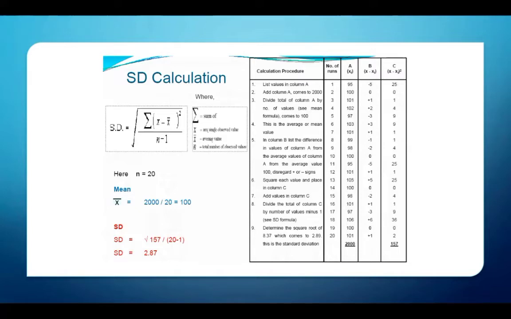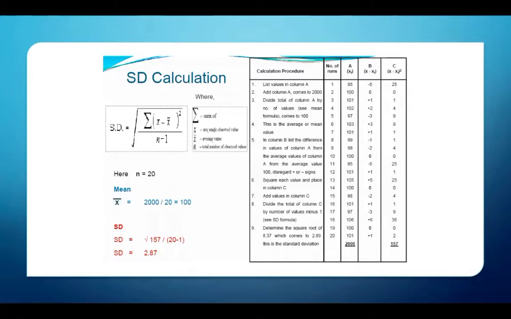High standard deviation means high variation and less precision. Low standard deviation means low variation and high precision. So that means standard deviation is telling us about precision.